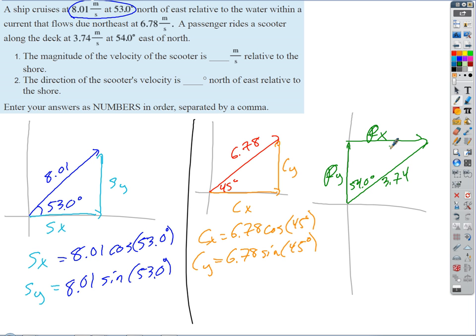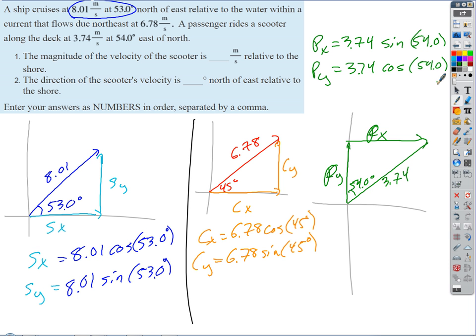Okay, so what is P sub x equal to this time? Now be careful. Sine, isn't it? Because P sub x is opposite the angle, the way we've got it drawn, okay? And P sub y equals 3.74, then cosine 54.0.